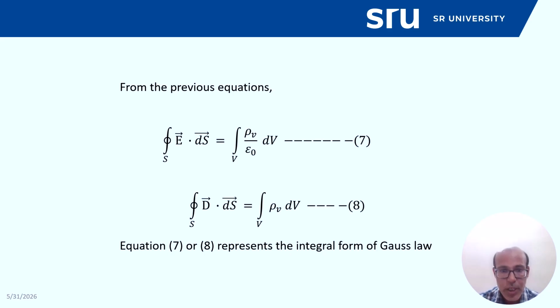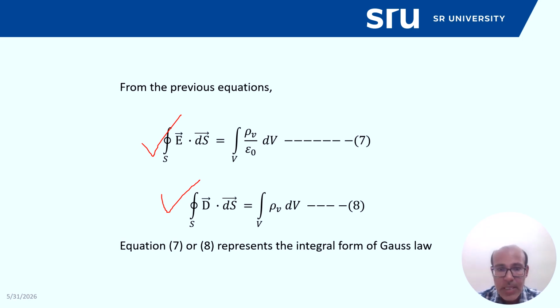Actually, it is Q by epsilon naught, but Q we have written as integral rho V dV. And if you cross multiply to the other side, we can write in the form of D: integral D dS is equal to integral rho V dV.